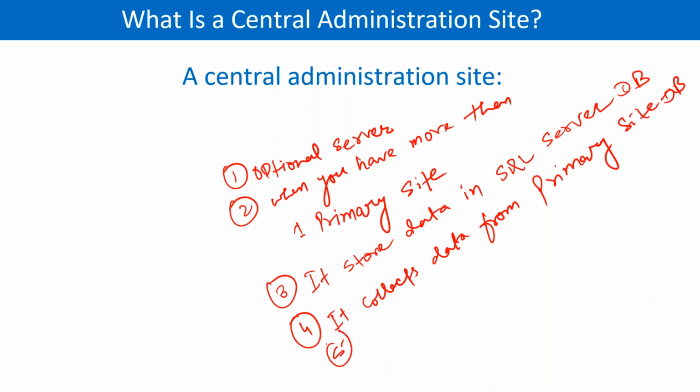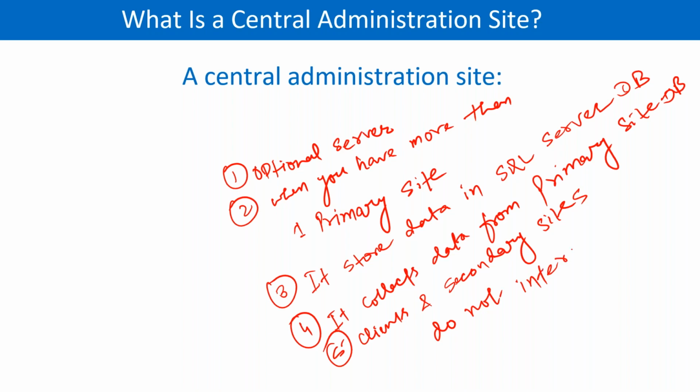Point number 5 is clients and secondary site. Clients and secondary sites do not interact with this central administration site. Okay. So it has got nothing to do with client and secondary site.